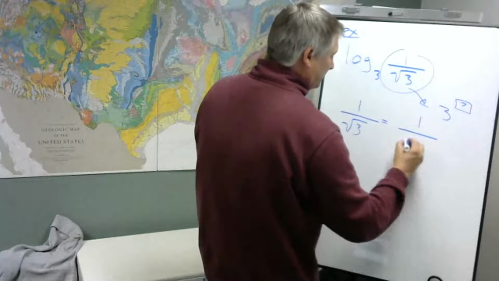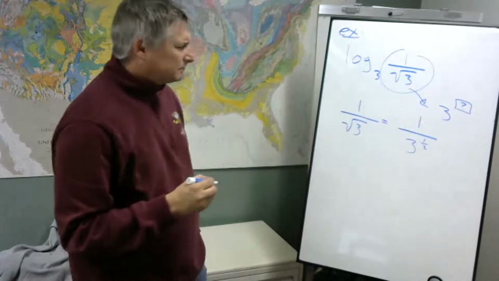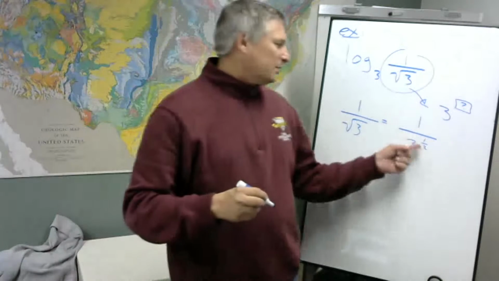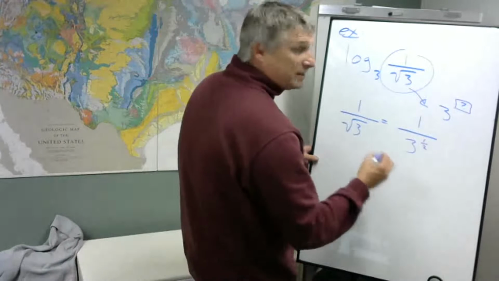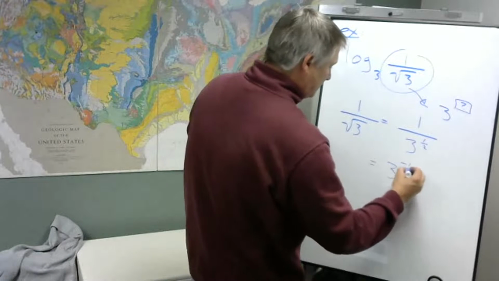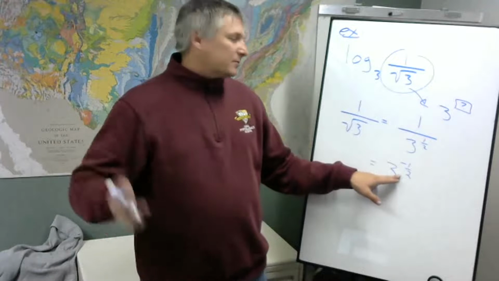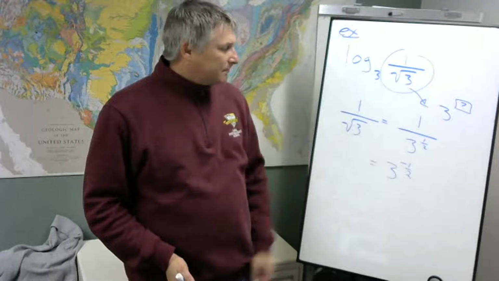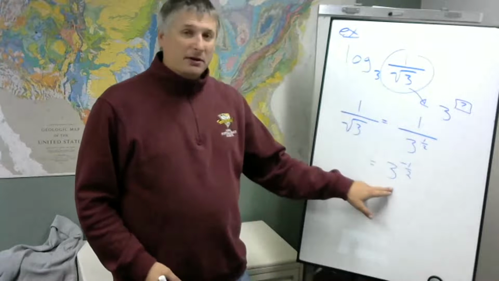So this would be 1 over 3 to the 1/2. Let's rewrite this with a negative exponent, because 3 to the negative half means take the reciprocal to get this. So let's just go backwards. Start out with this and go to here.